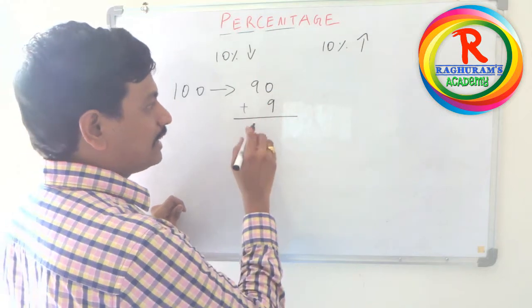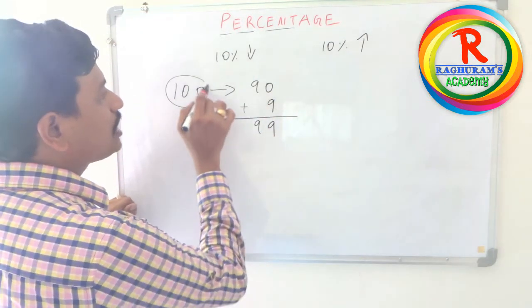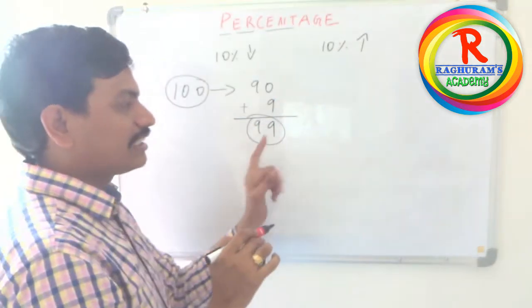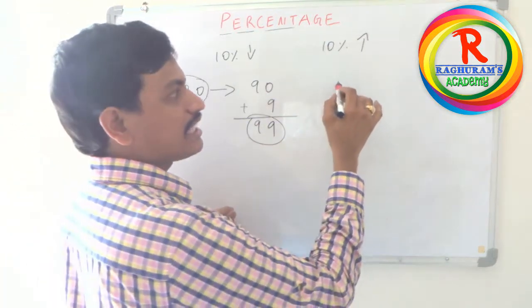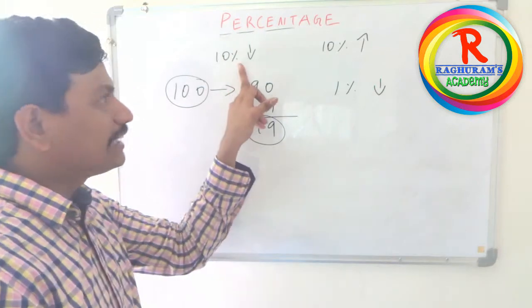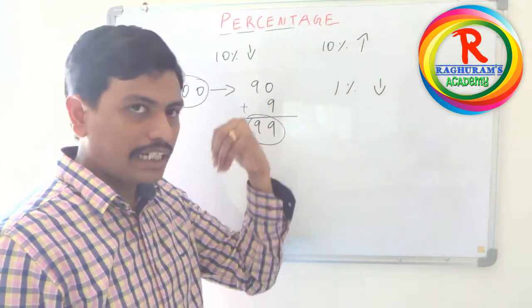So 90 plus 9 is 99. Initially his salary is 100 rupees and at the end his salary is 99 rupees. So 1 rupee is reduced. That's nothing but a 1% decrease. A 10% decrease and then a 10% increase makes the number a 1% decrease.